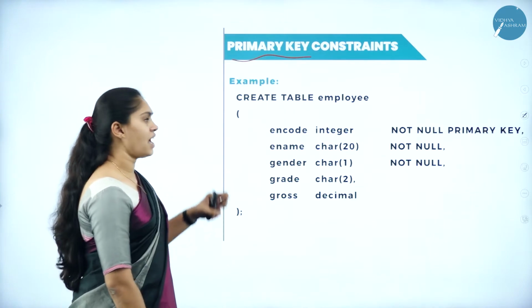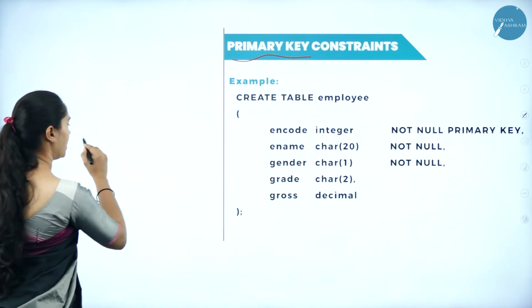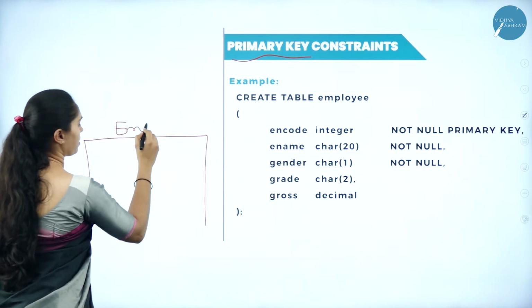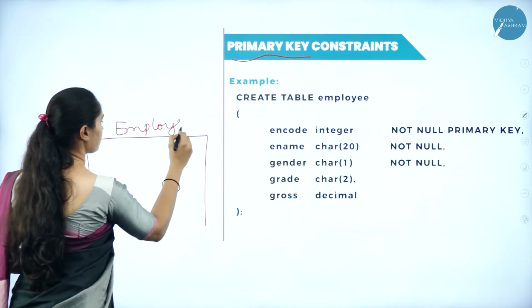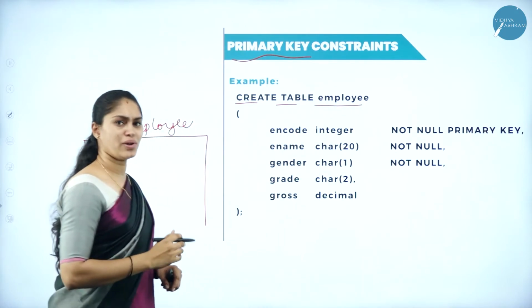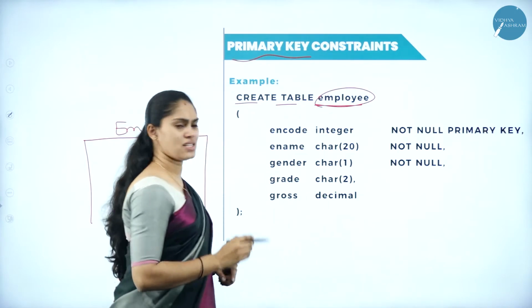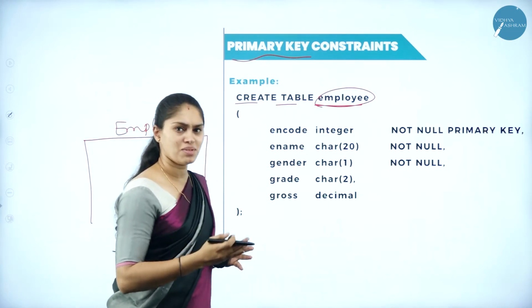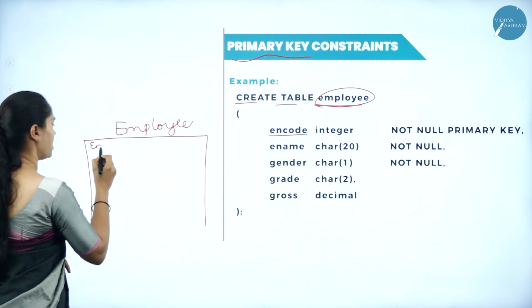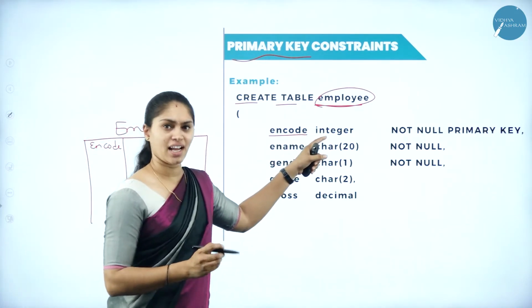So you can see here, we are just creating a table. For example, consider this is an employee table: create table employee. I am creating a table with the name employee. Then what columns does it include? Let me consider the first column as ecode, and its data type is integer.